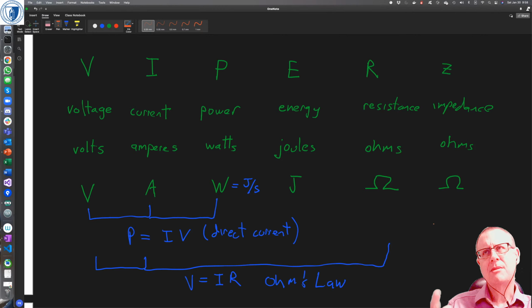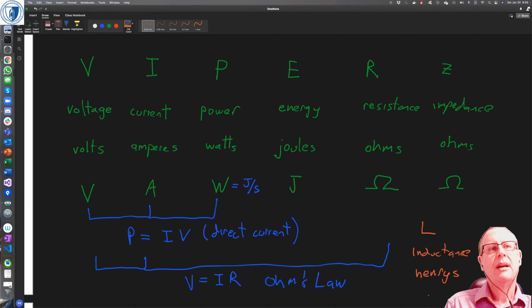I wrote them on the other slide. The two are related to resistance, sort of, and they are L, which is inductance, with a unit of henries and the symbol H, and capacitance, which has a unit of farads, symbol capital F.